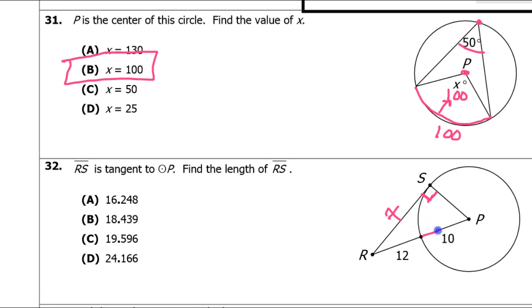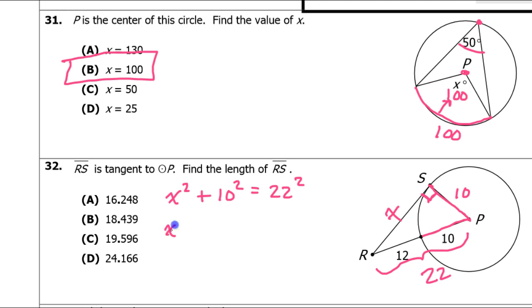Now, to help us do that, it's important to notice that the radius is 10, and here's another radius over here. So, of course, that will also be 10 because radii are congruent. It's also worth noting that this hypotenuse of the triangle is 22. All right, I have to add those up. So these are the three values. So the Pythagorean theorem, you know, the one where you say a squared plus b squared is equal to c squared, will give us this.